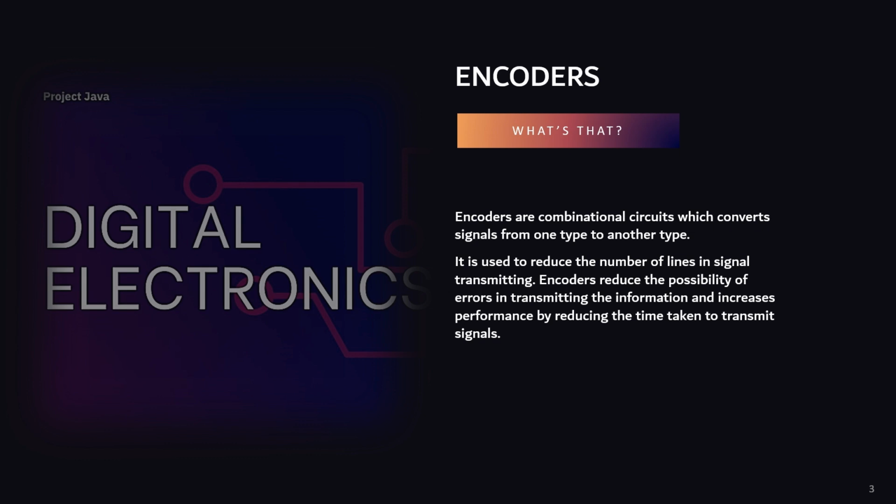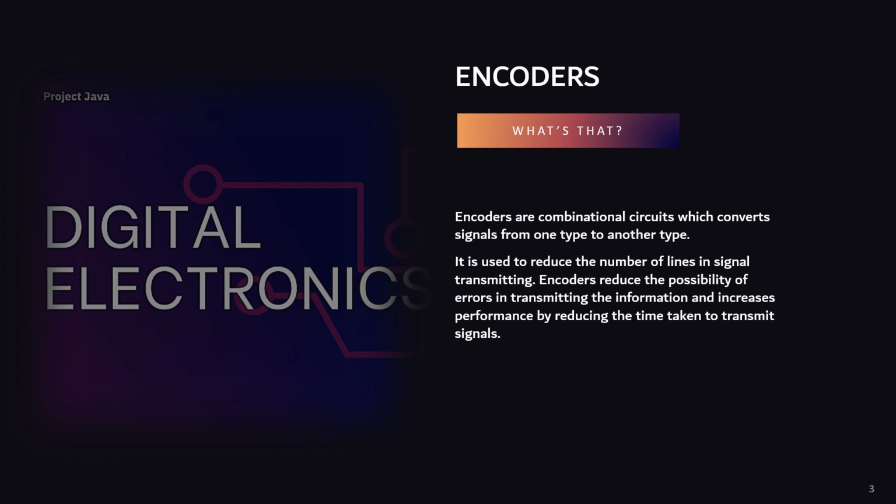Let's say that I want to transmit a decimal signal from here, from Kolkata, to San Francisco in USA. For that, I don't want to have those 10 input lines of the decimal number system.